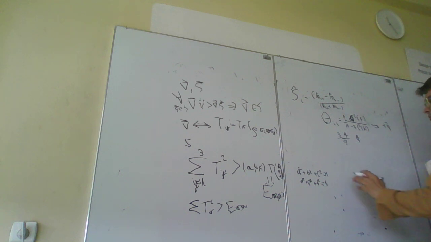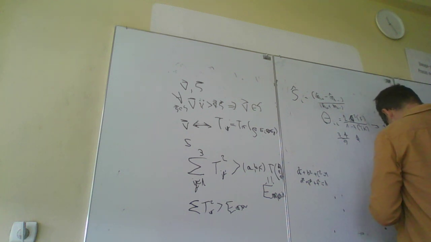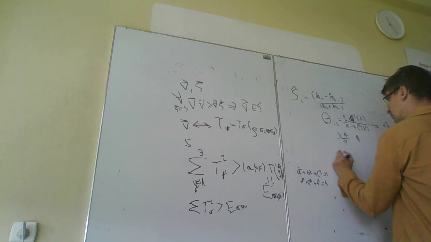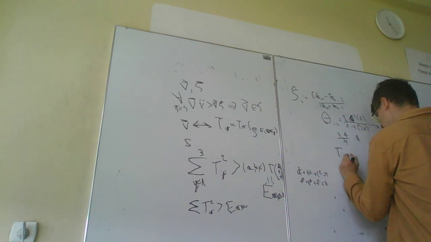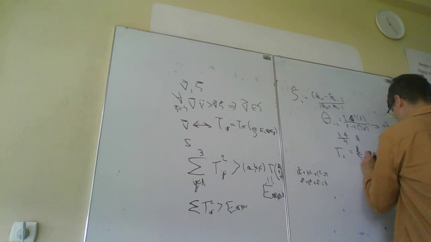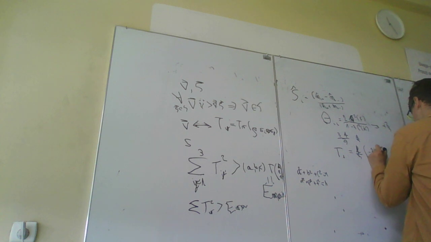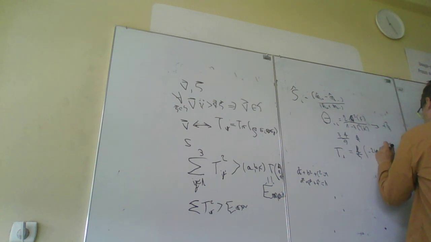So with the new approach, we have 1/3. So t is 1/3, 1/3 minus 2 logarithm of cosh k.